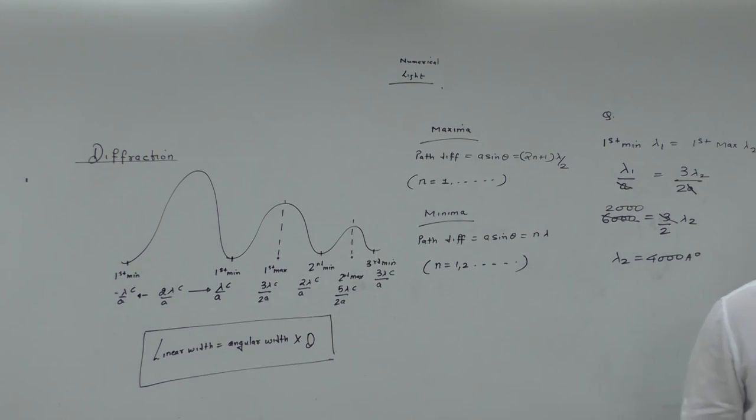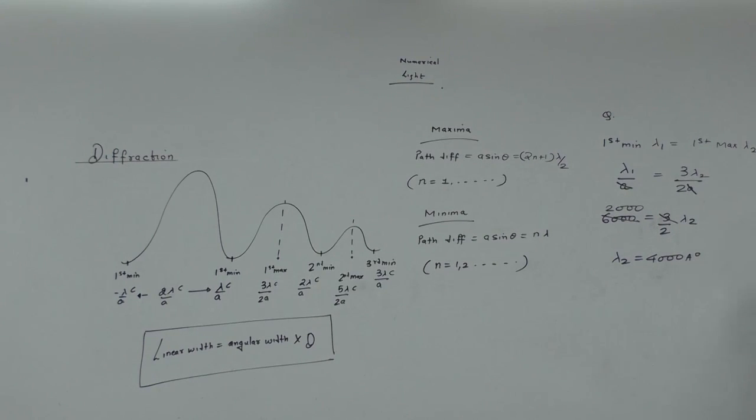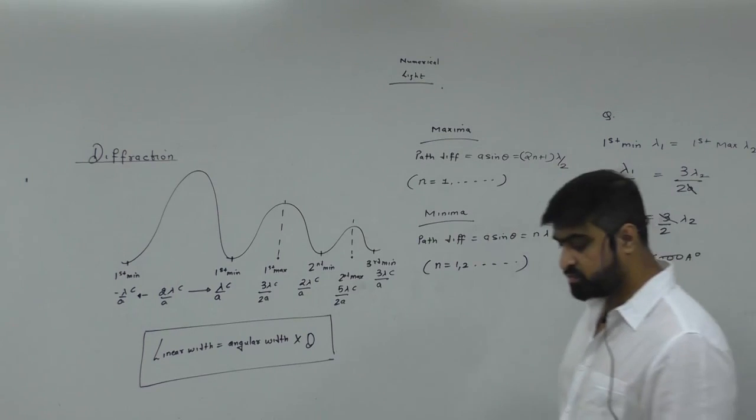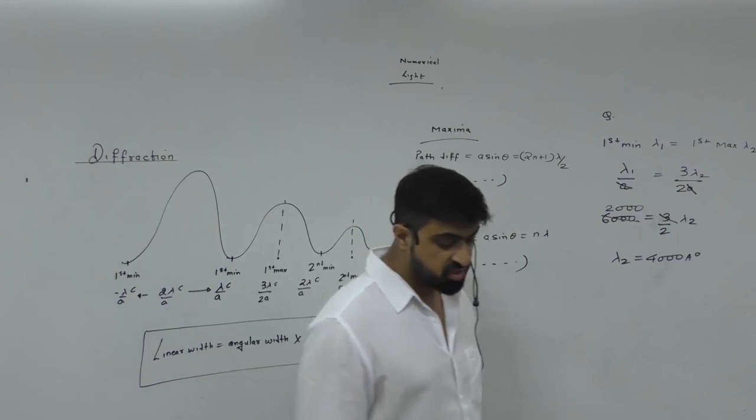When the wavelength is 4,000 Armstrong, the width of the central maxima is y.